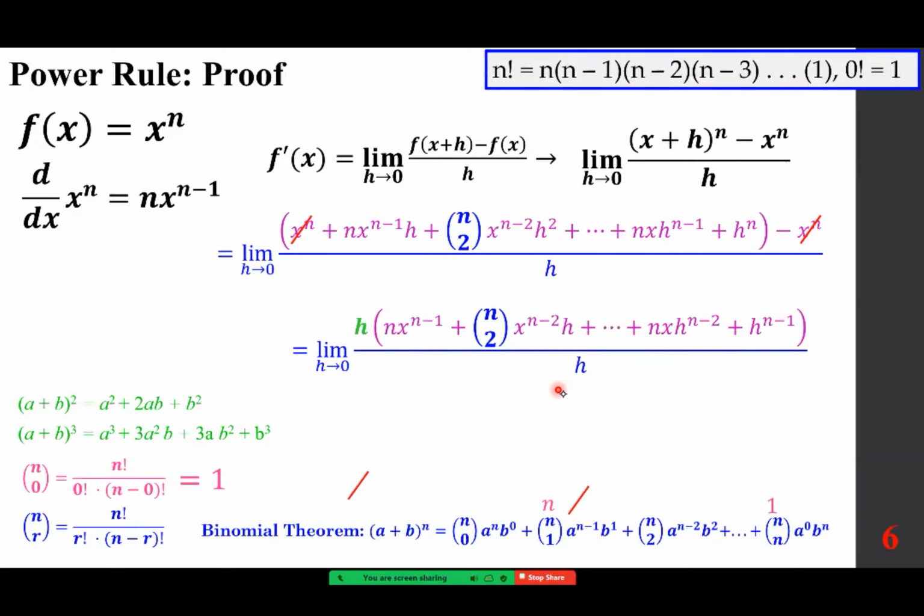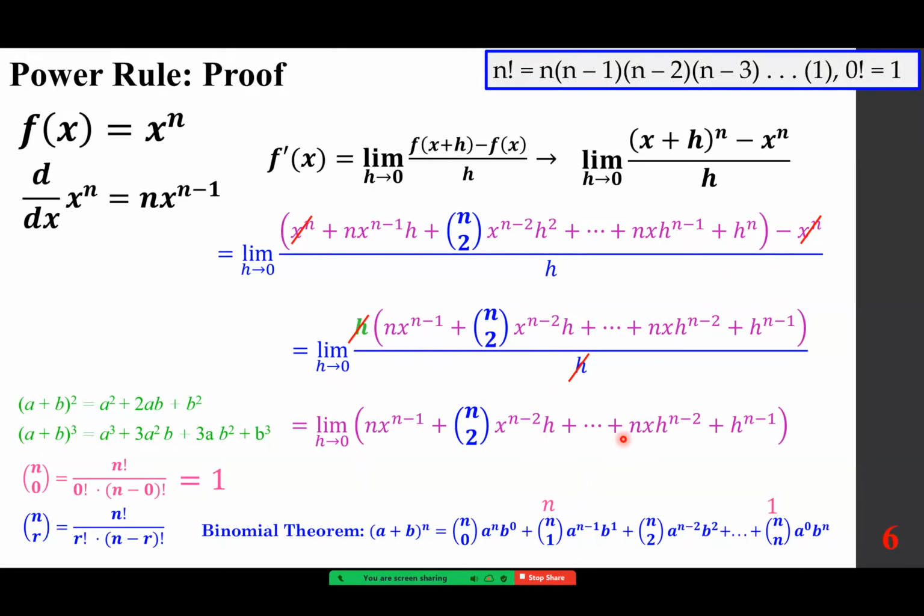The h drops. So we have the limit as h approaches 0 of what's left in the parentheses. And notice this has h to a bigger power, this has h to a bigger power. All of them have h, all of them go to 0 with the exception of the first one. And that's the proof that f prime of x is nx to the power of n minus 1.